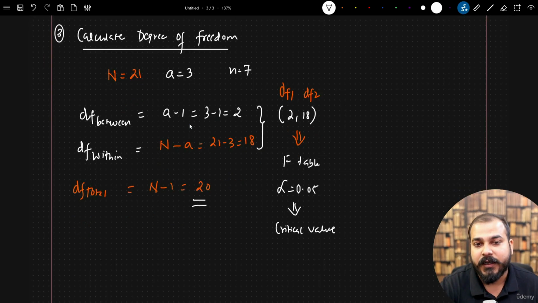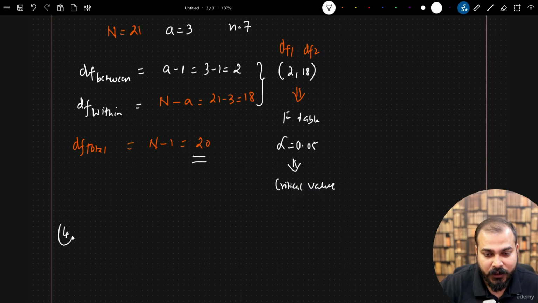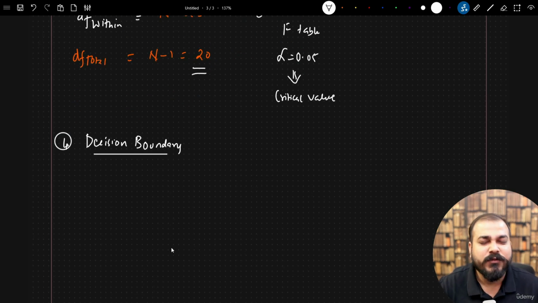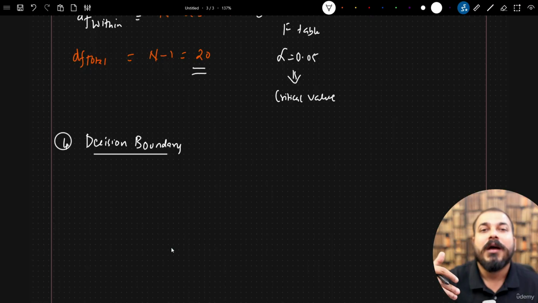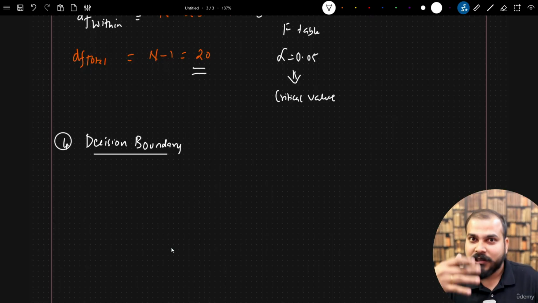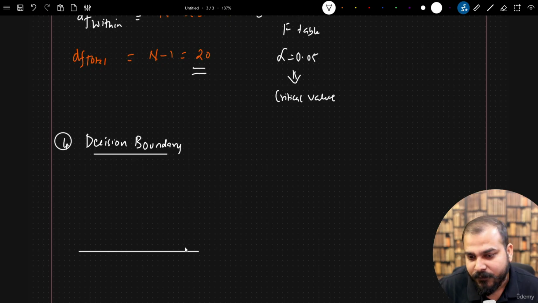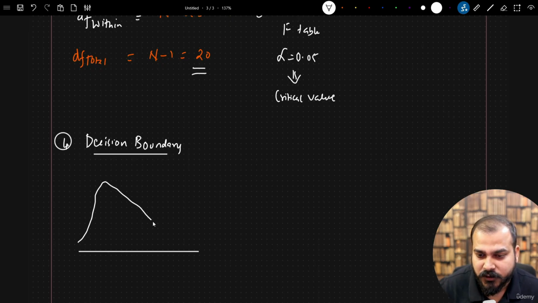Now what exactly is this critical value? In the 4th step, we construct a decision boundary, because we need to understand when to reject the null hypothesis and when to accept it, which in technical terms we also say we fail to reject the null hypothesis. Whenever we apply an F test, it usually follows this kind of distribution.